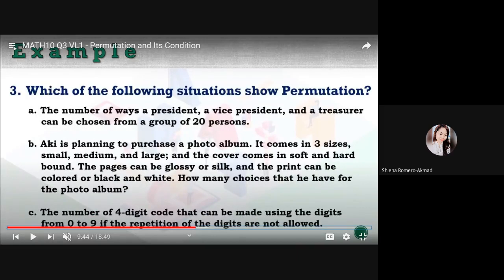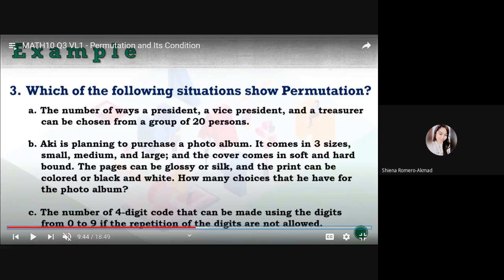So number 3, we have here 3 different situations, and we have to identify which of the following shows permutation. When we say permutation, it involves arrangement of things, arrangement of objects, of elements. So alin kaya sa tatlong to yung nagpapakita ng permutation? Let us have letter A.